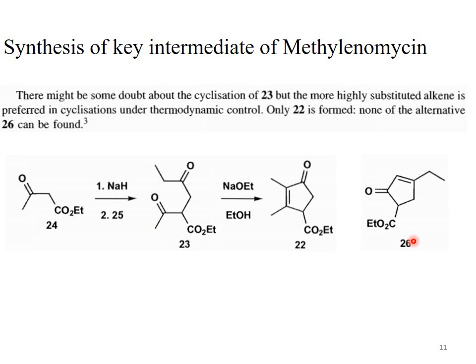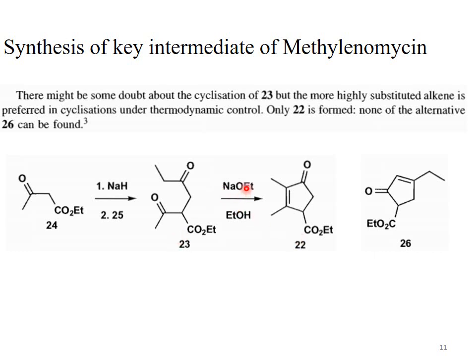The conversion of 23 to 22, or the conversion of 23 to 26, is a very important reaction, and it's an intramolecular aldol reaction. Preferably compound 22 is formed because it's the more substituted cyclized product, and 26 is not formed because it is the less substituted cyclized product. How is 22 formed?